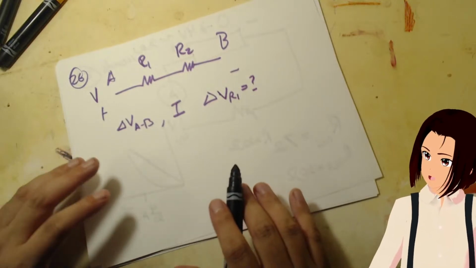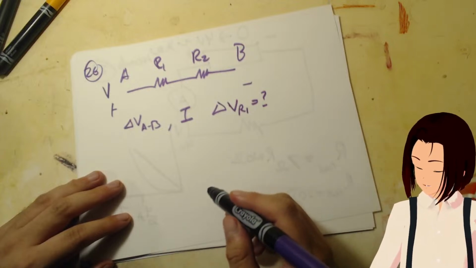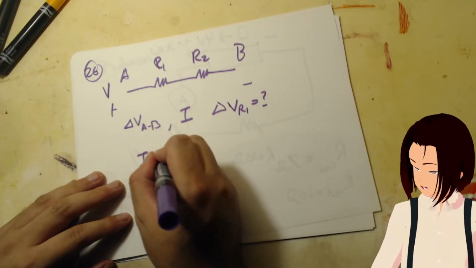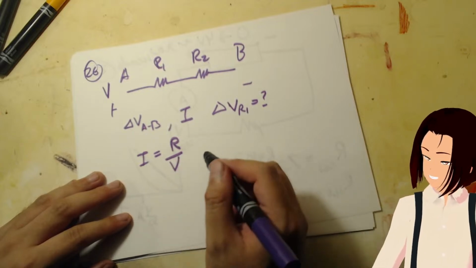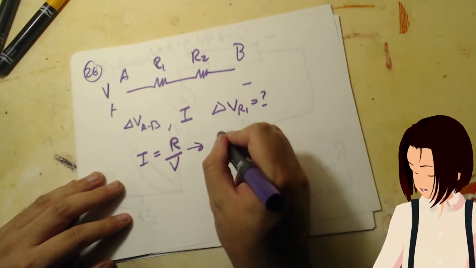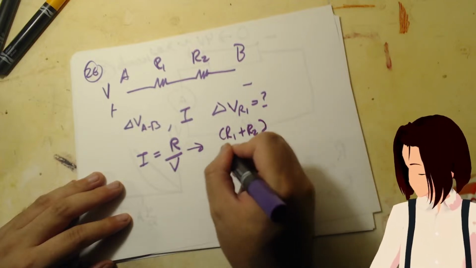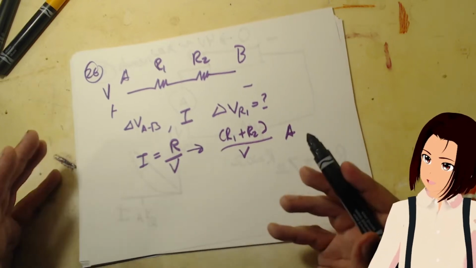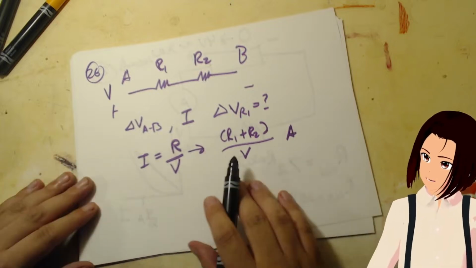We know the current is going through both resistors. From Ohm's law, we know the current is equal to the voltage divided by the resistance. So here it's essentially V divided by R1 plus R2, and there you go, that's I. We have 2 resistors, so it's twice the amount of length.